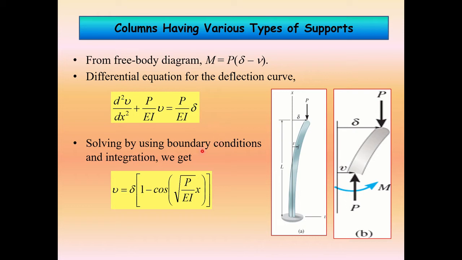Solving by using boundary conditions and integration, we get V equal to deformation bracket 1 minus cos bracket square root of P over EI times X. The load applied is at this distance from the centroid of the column, and V is the deflection of the column.